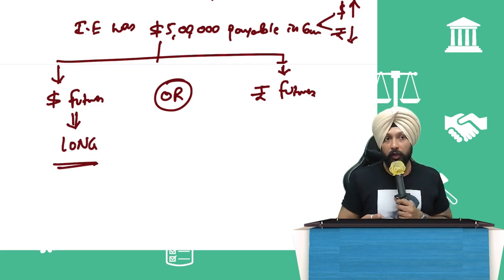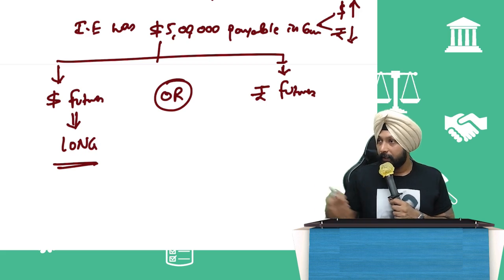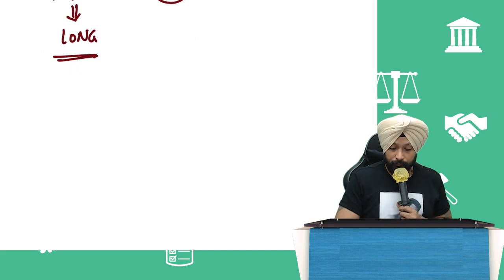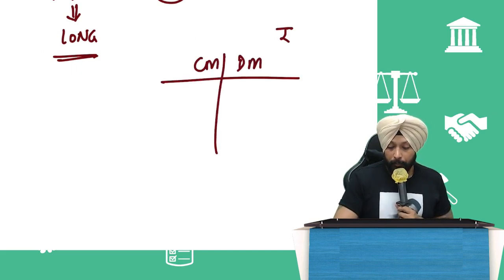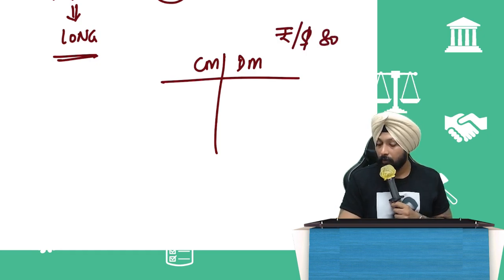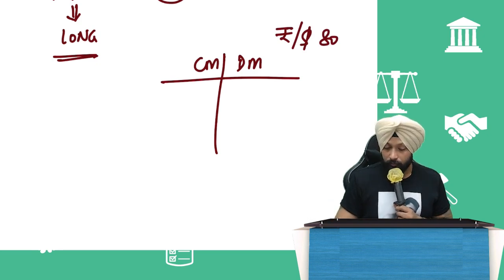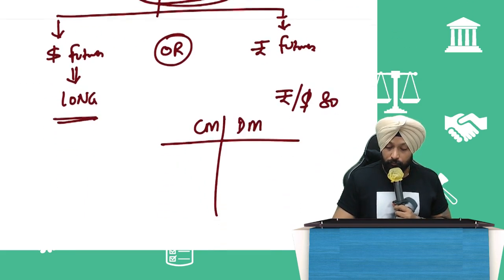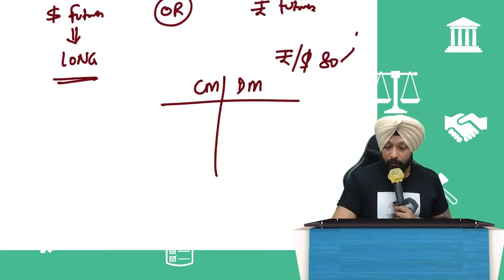If you go long on dollar futures, then if the dollar goes up... currency market, derivatives market. Right now, rupee per dollar is 80. When you went to settle this transaction, rupee per dollar became 85.